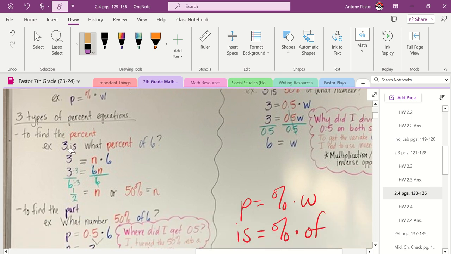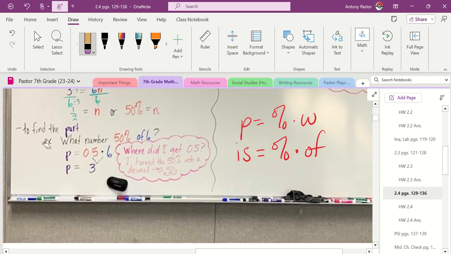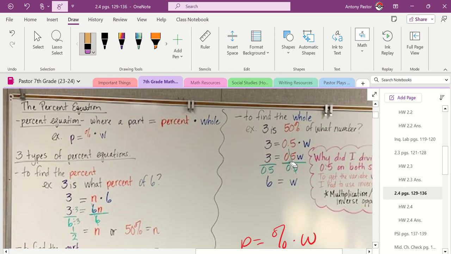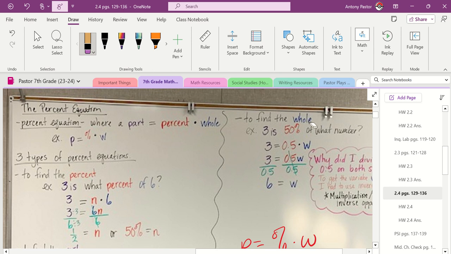You would have part equals percent times whole. In this case, we don't know the percent. In this case, we don't know the part, which means P equals percent times whole. And over here, we don't know our whole, so we have part equals percent times our W for whole.